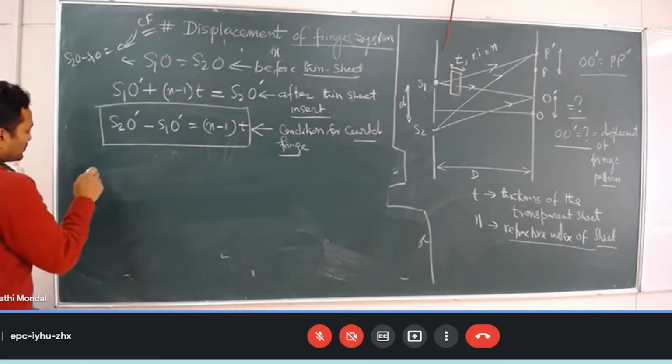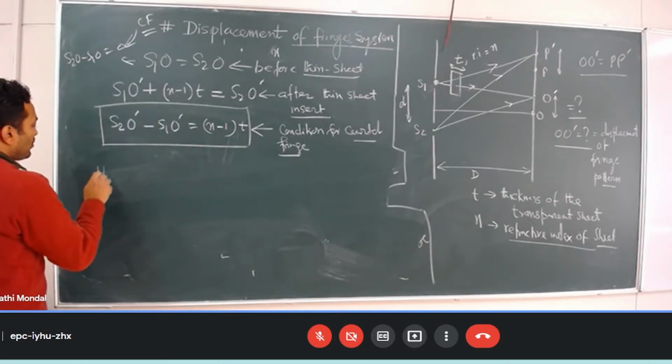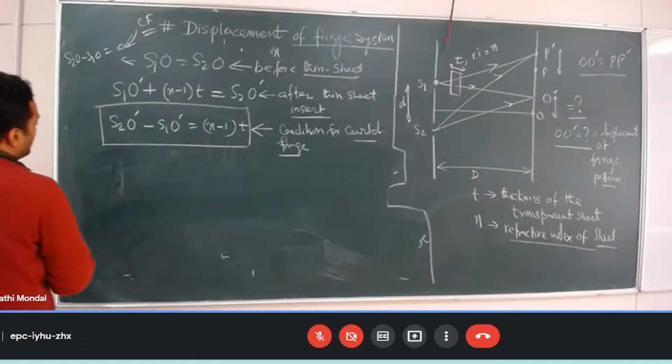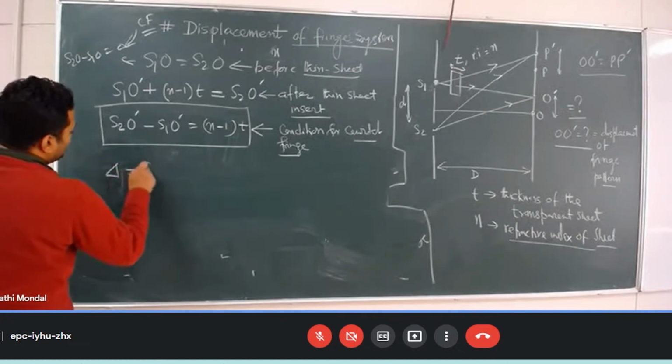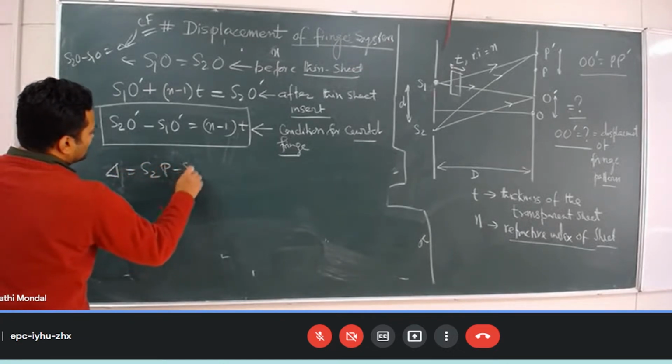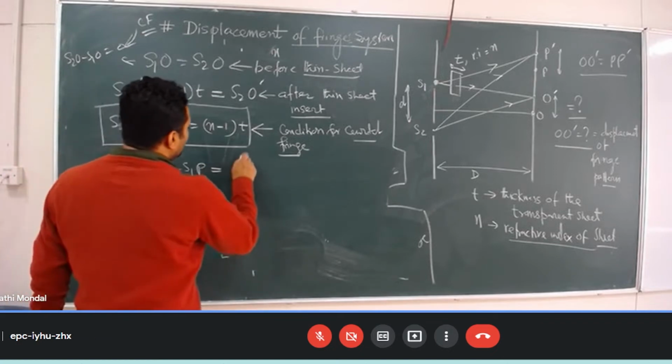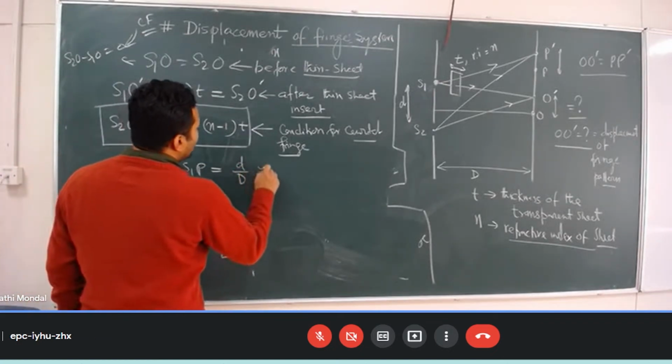We proved that delta equals S2P minus S1P equals d by D into Yn.